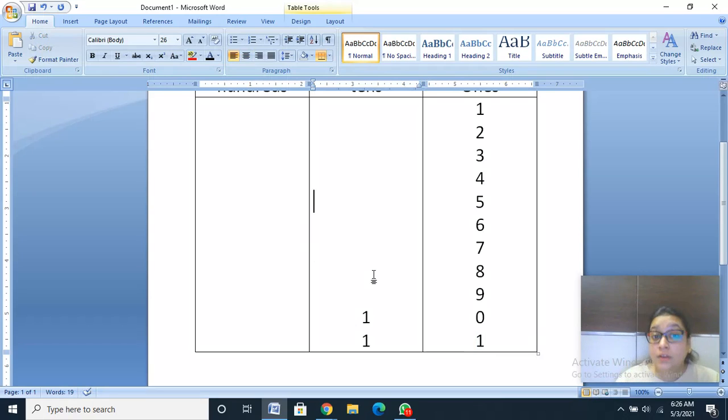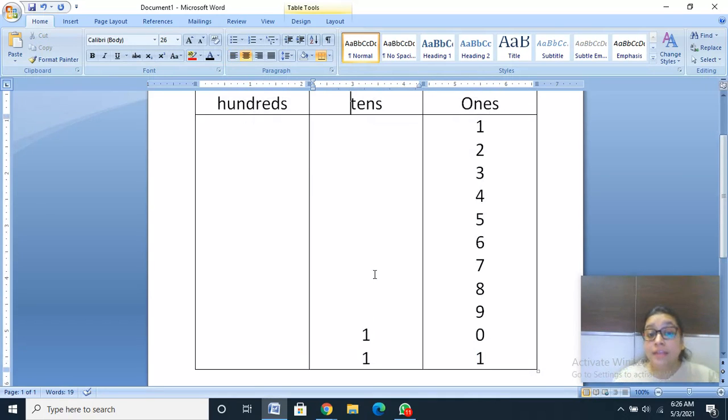Now place value: the place of 1 in 11, the first one is tens and the second one is ones. This one, the place value is ones. This one, the place value is tens. Face value means the number remains the same. 1 means 1. But the place value is getting changed. This one consists of tens, and this one consists of only 1.